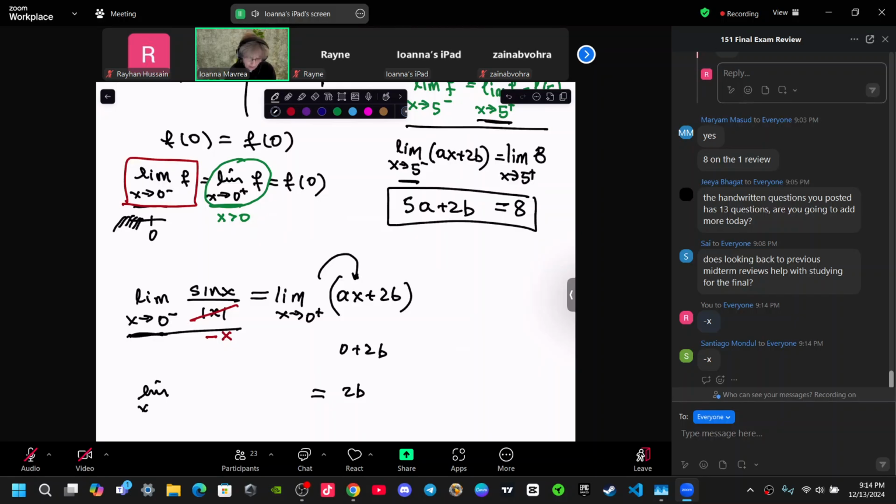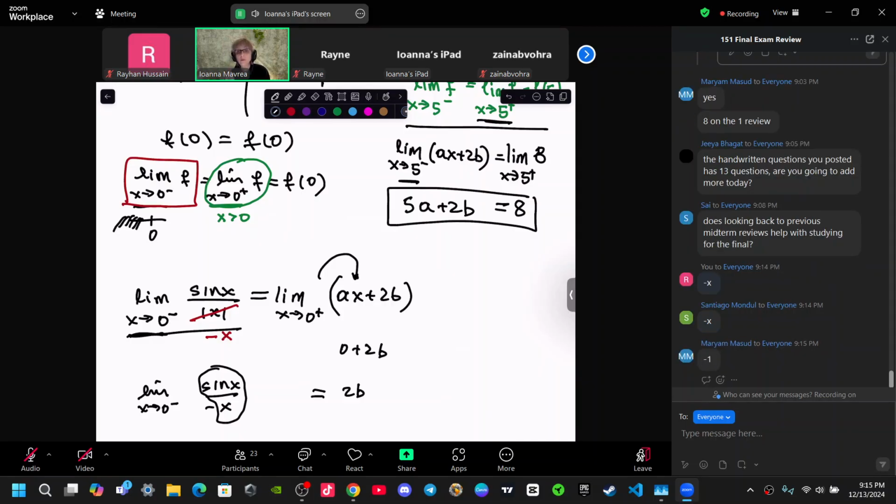So the limit as x goes to 0 from the left of sine of x over x. You're like, oh, I remember this limit. What was this limit? Yeah, that limit by itself is 1, but there is a negative, so it's -1.